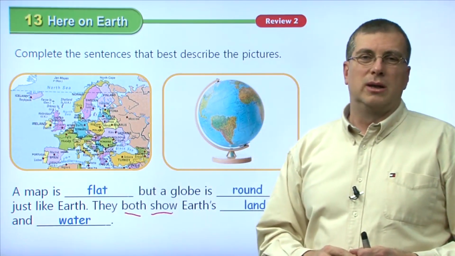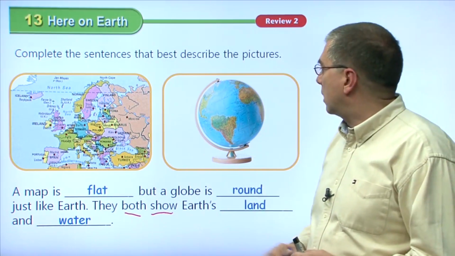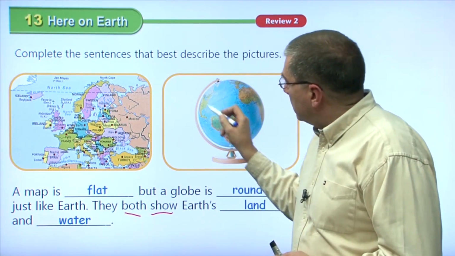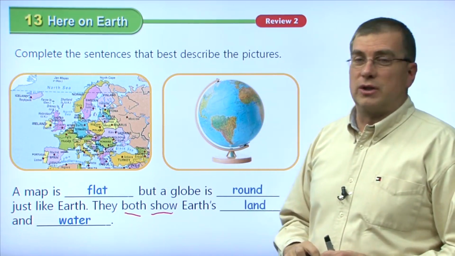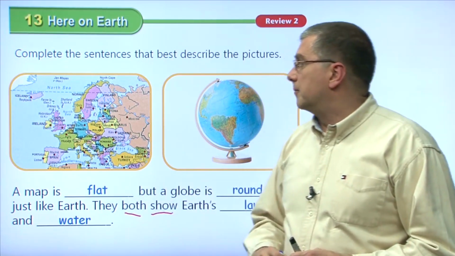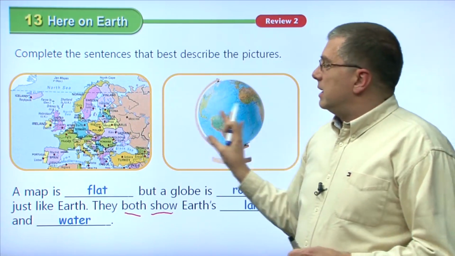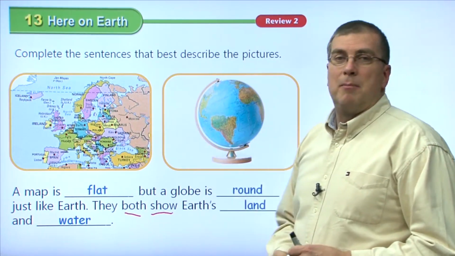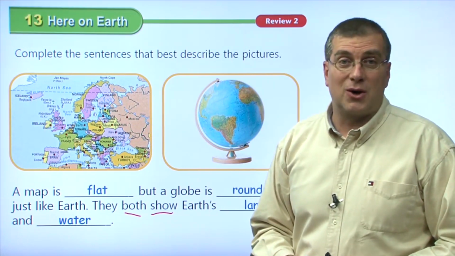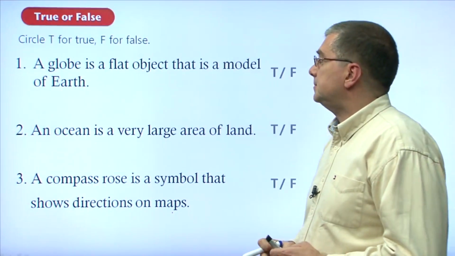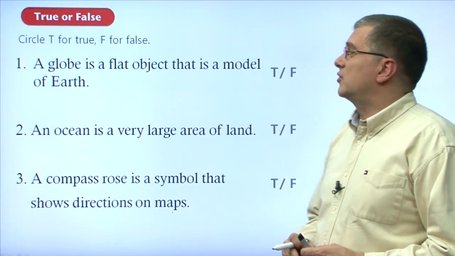Either one would work. In this case, we're using land and water because we can see the Earth's land or continents. We can see the Earth's water or oceans. Okay, land and water. So this is basically the difference and the similarity between maps and globes. Both of them help us learn about the Earth, where we live. Let's do our true-false questions.